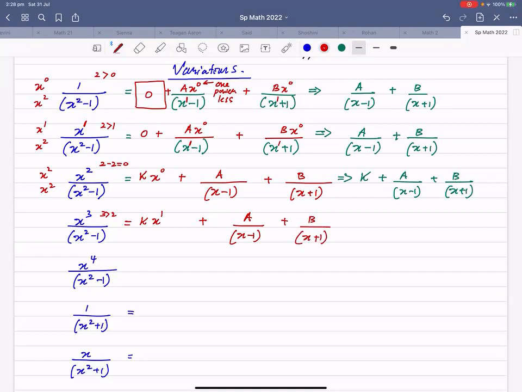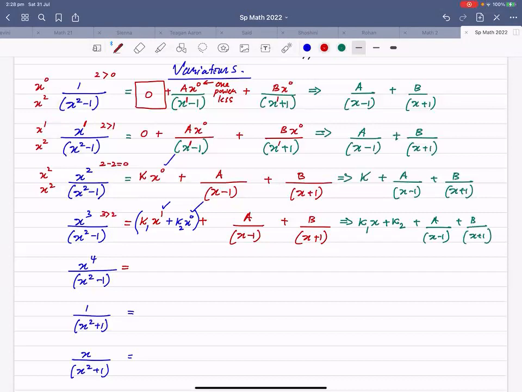But here, importantly, you have to put k1 x and k2, x to the power 0 as well. Because if you start from 1, you have to end it by the lowest power 0. So this is the lowest power. So then you don't have any problem there. It's k1 x plus k2 plus a divided by x minus 1 plus b divided by x plus 1.